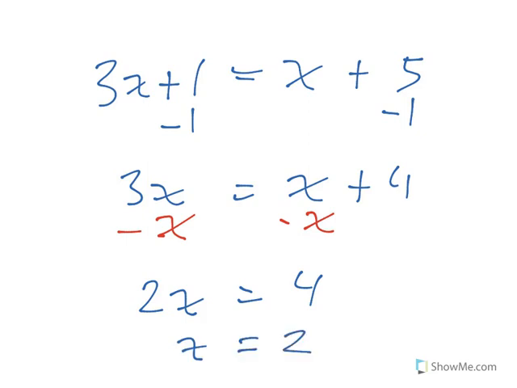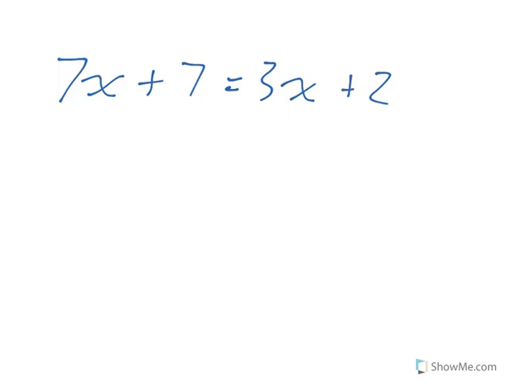And then we say x equals 2. So what does that 2 become? A negative. Minus 7, because 7 changes.